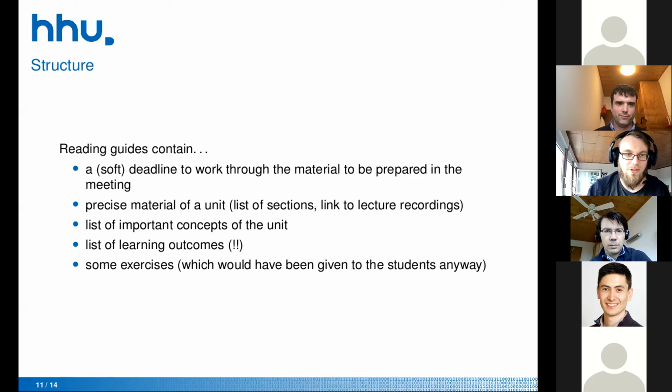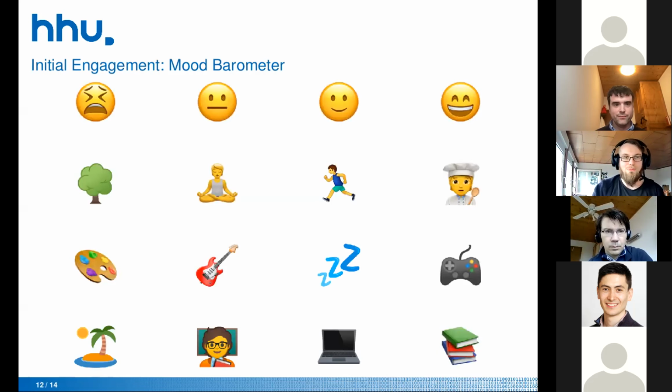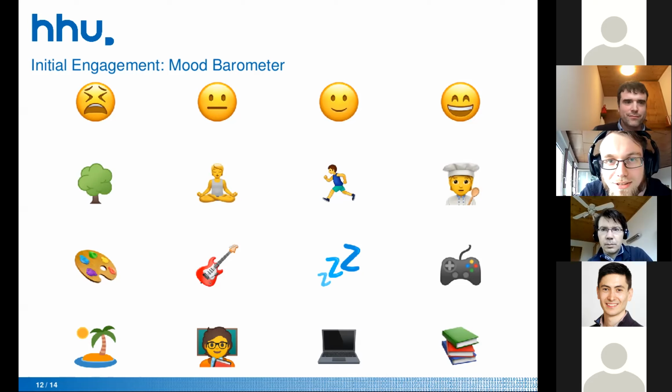And in the online session, we try to engage the students more. We started with a mood barometer, just a set of emojis. I'm not sure whether I can share the annotate function with everyone.